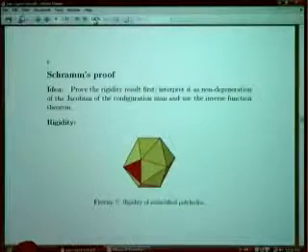So what he says is basically the following. The most important part of the theorem is to prove a rigidity result. I'm going to illustrate rigidity for this polyhedron. So let's say it's going to be caging a sphere, and I'm going to fix this triangular face.